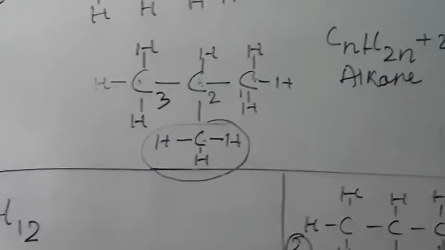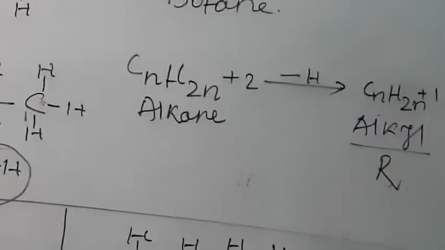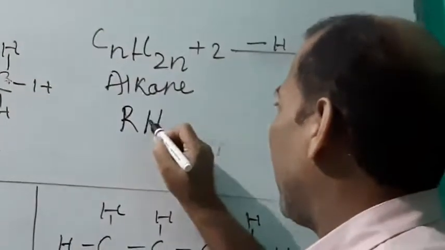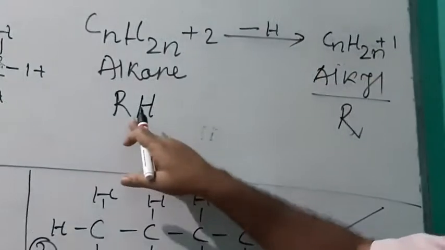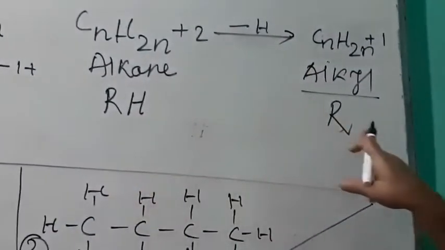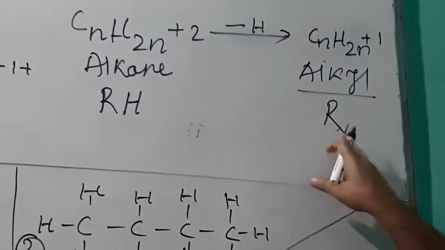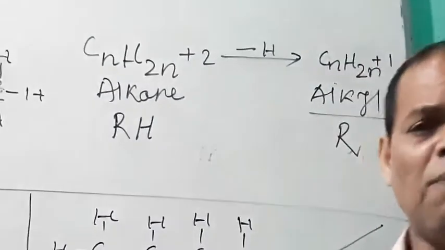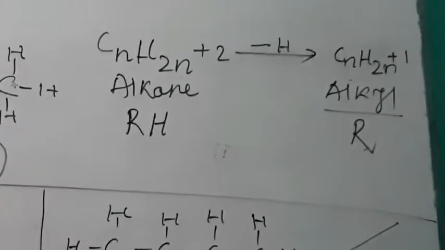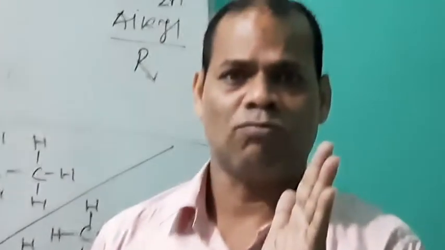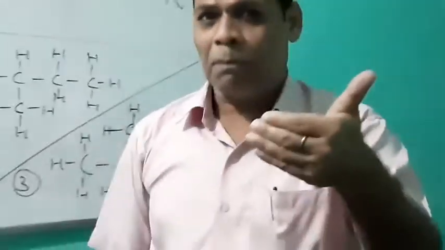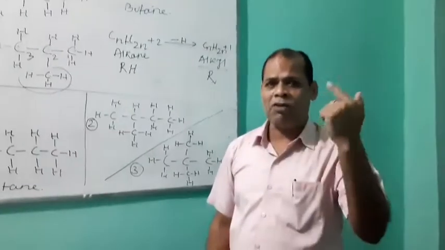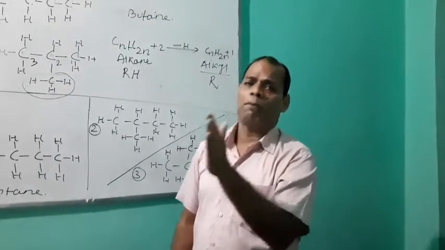So alkyl is represented by R also, and the alkane is represented as RH. When you remove one H from RH, you get R. One hydrogen has been removed from the alkane, so alkane becomes alkyl. General family: from methane, methyl. From ethane, ethyl. From propane, one hydrogen is removed, it becomes propyl.